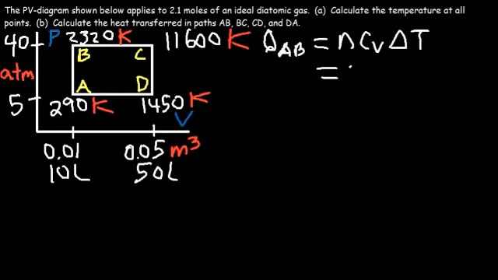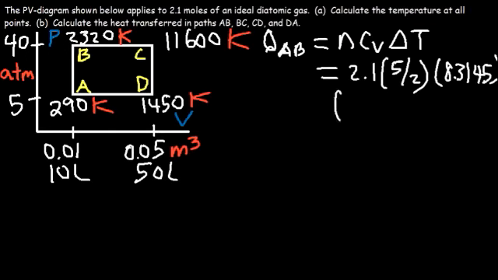So n is 2.1, Cv for an ideal diatomic gas is 5 over 2 times R, and the change in temperature going from A to B, it's final minus initial, so that's 2320 minus 290.